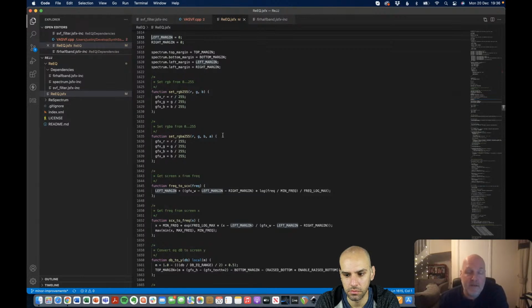I can remember at the time it was taking quite a few seconds to load. And he just reduced it to next to nothing. He spent a few days hacking up, improving the load times and the compiler times. And that was really cool. And of course, everyone benefits. Every JSFX benefits from that.